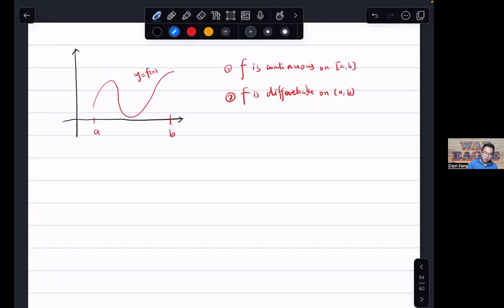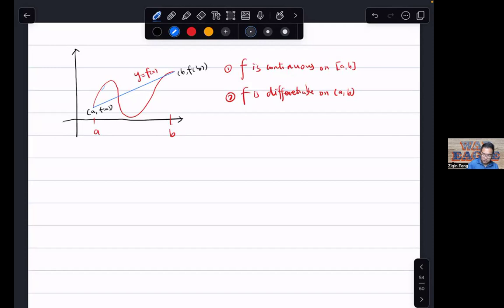Then from here to here, (a, f(a)) to (b, f(b)), you get a secant line. This is our point (a, f(a)), and this is our point (b, f(b)). Because this function is nice, being continuous on the whole interval and differentiable on the inside of the interval, you can get another point.